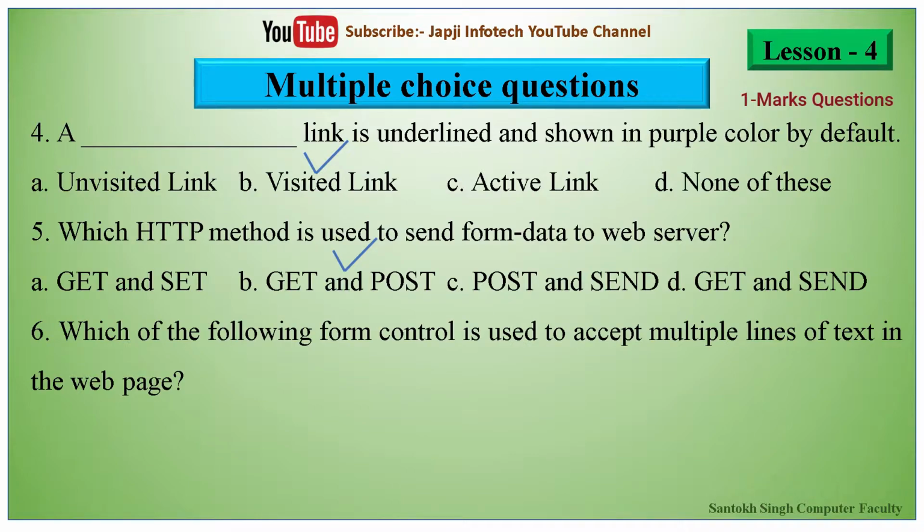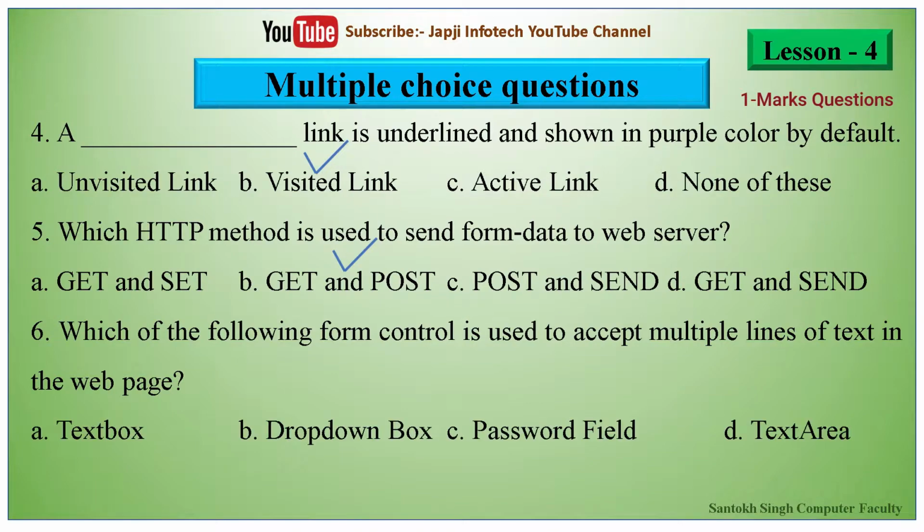And the sixth one is which of the following form control is used to accept multiple lines of text in the web page. And their options are text box, drop down box, password field, and the last one is text area. And the right answer is text area form control is used to accept multiple lines of text in the web page.